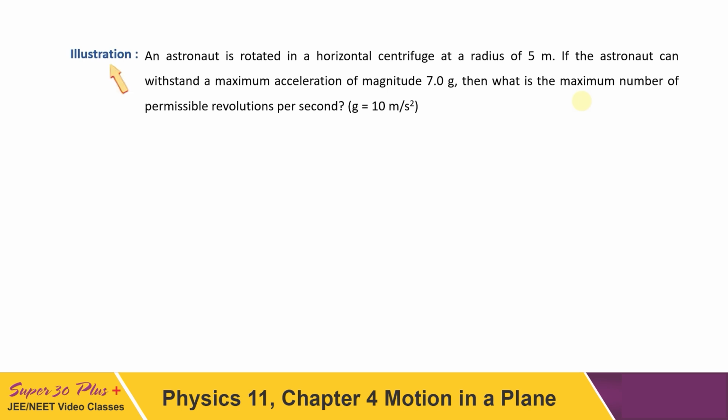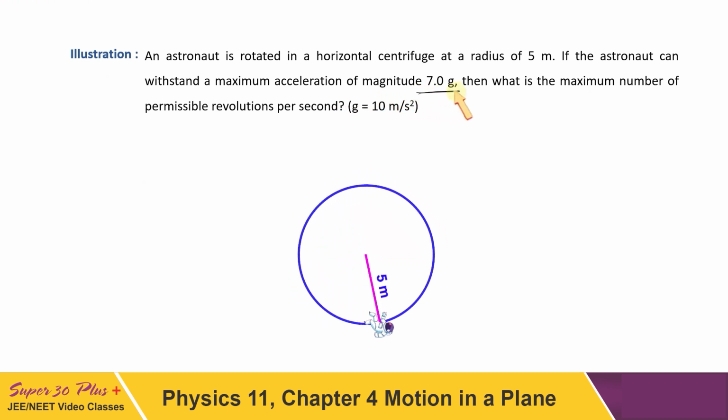One more illustration we can see. An astronaut is rotated in a horizontal centrifuge at a radius of 5 meter. If the astronaut can withstand a maximum acceleration of magnitude 7g, this is the maximum magnitude of acceleration that the astronaut can have, then we have to calculate the maximum number of permissible revolutions per second.